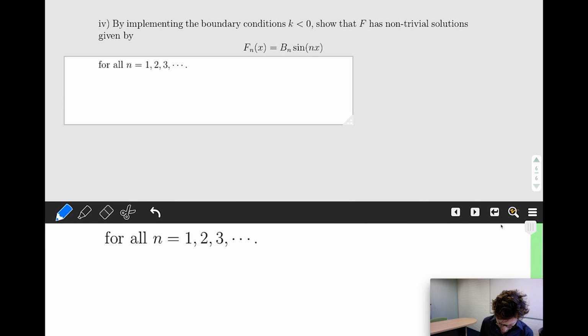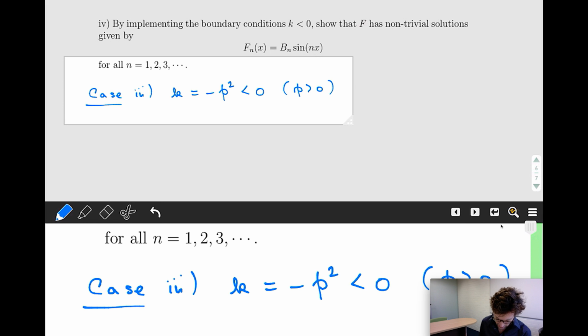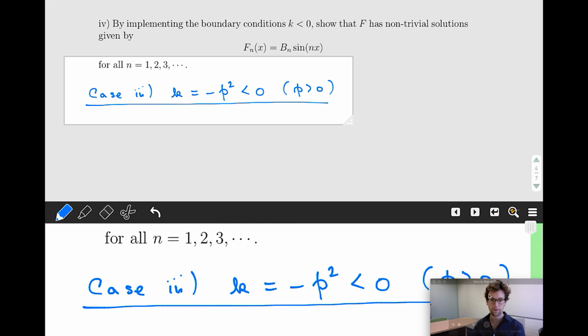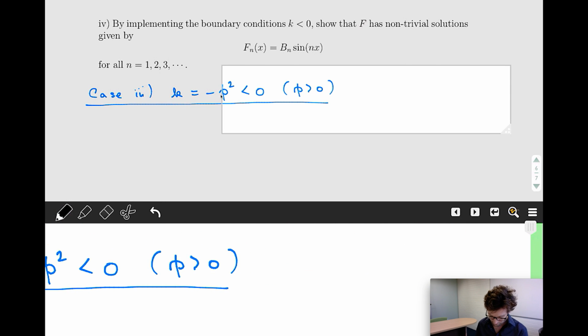So I'm going to use a very similar trick to the last case. Looking at k equal to a negative number, I'm going to set it equal to minus p squared. Again, I'm making sure that p is not equal to 0 because it's going to simplify my calculation. You can see k equal to minus p squared is always going to give me a negative number. So let's take a look at what our differential equation becomes.